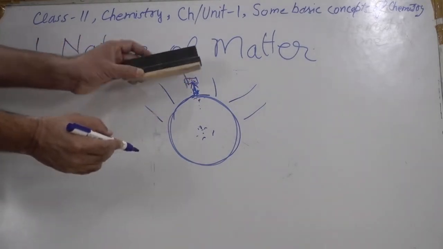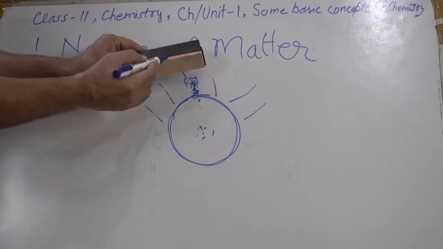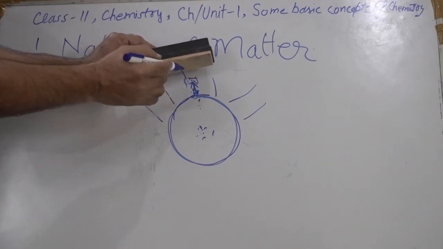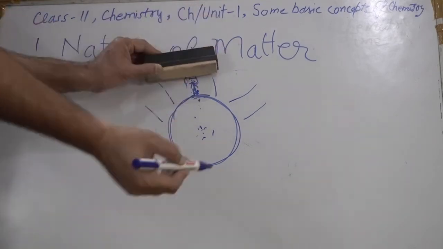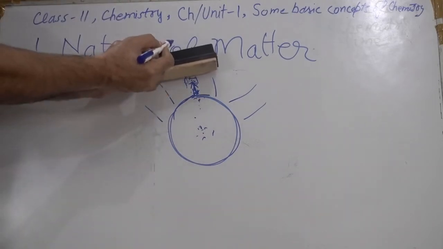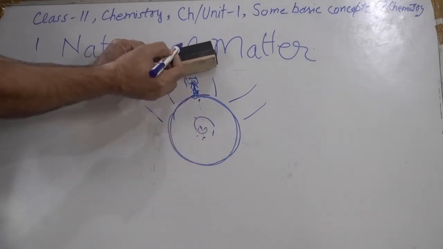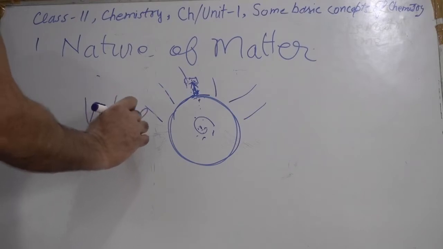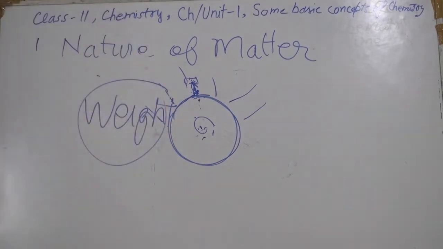So what we are talking about is that it falls down. When it falls down, it is experiencing a force. The force experienced by an object due to the earth or any celestial body or heavenly body, that force is the weight of that object.